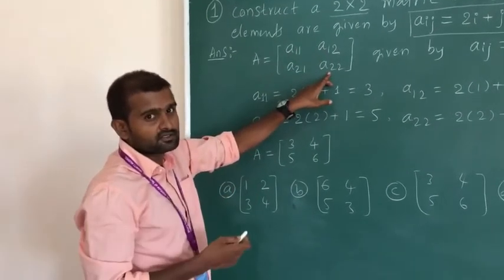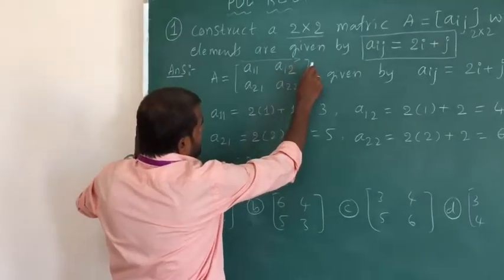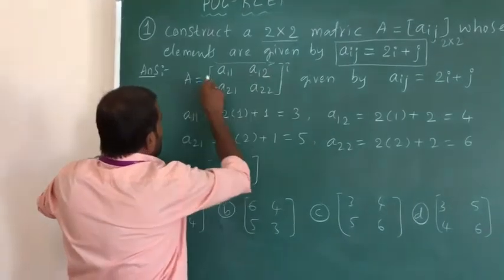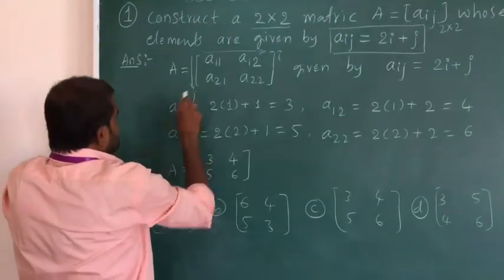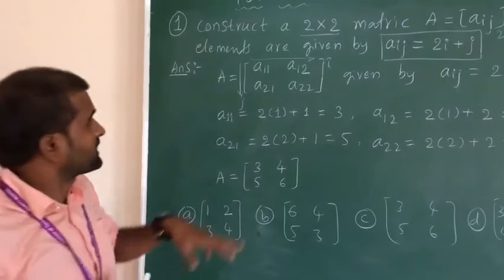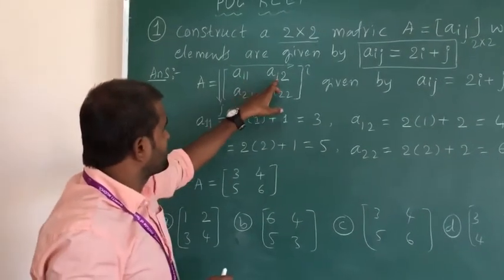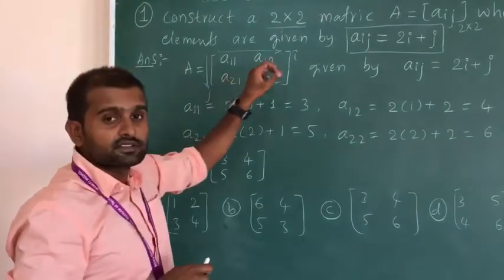But how to write them? Here we take the ith row and jth column: the first index is i, the second is j.